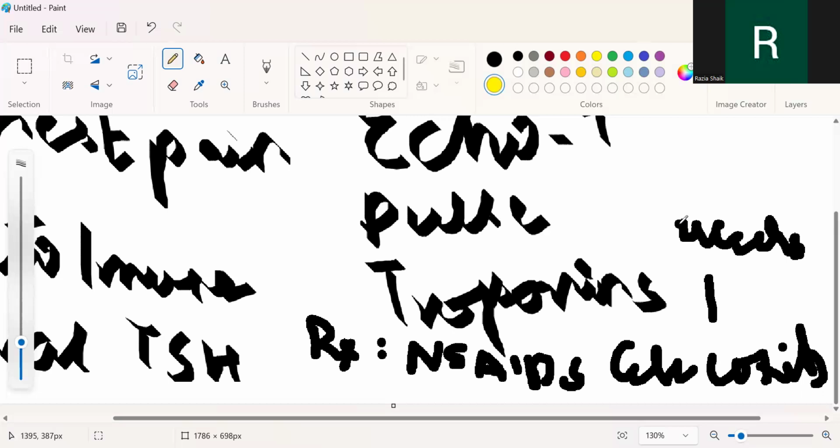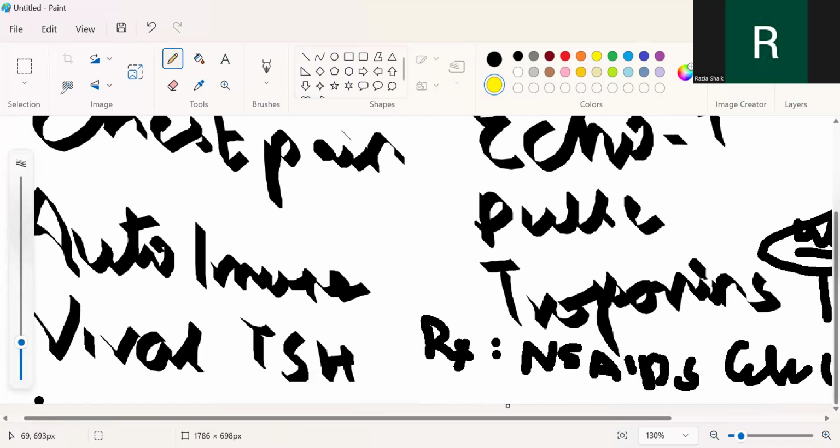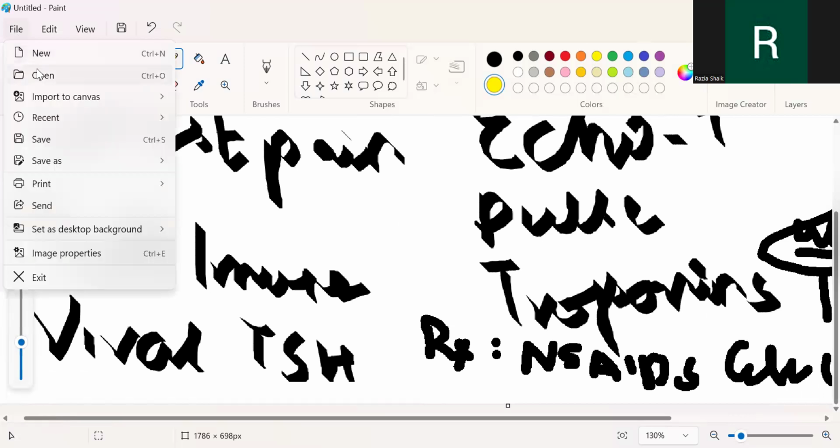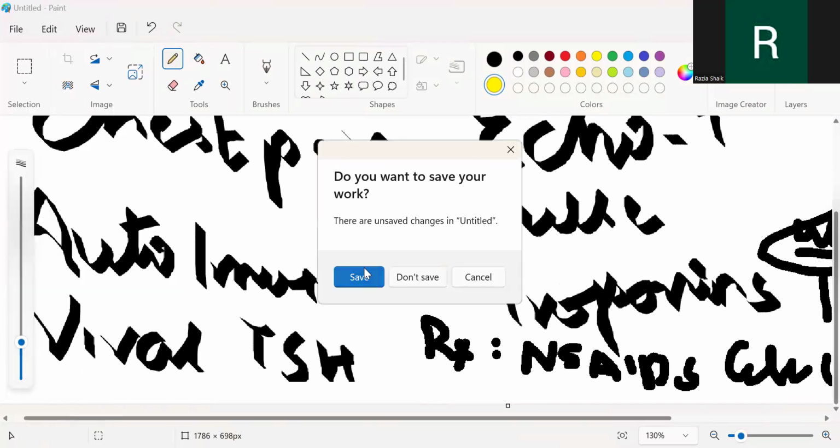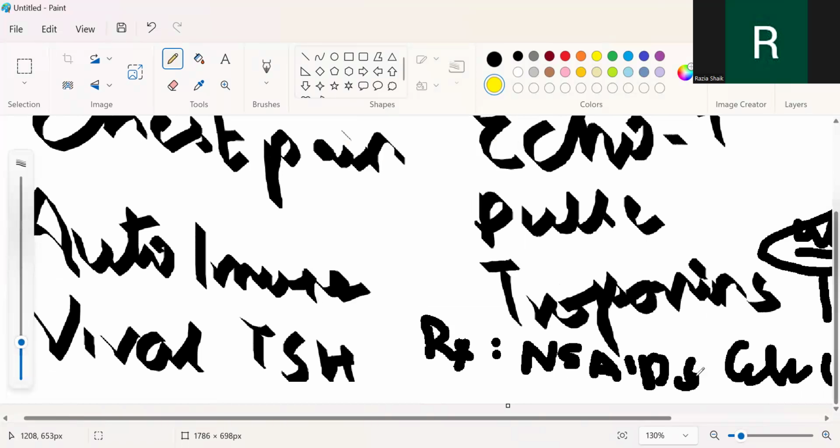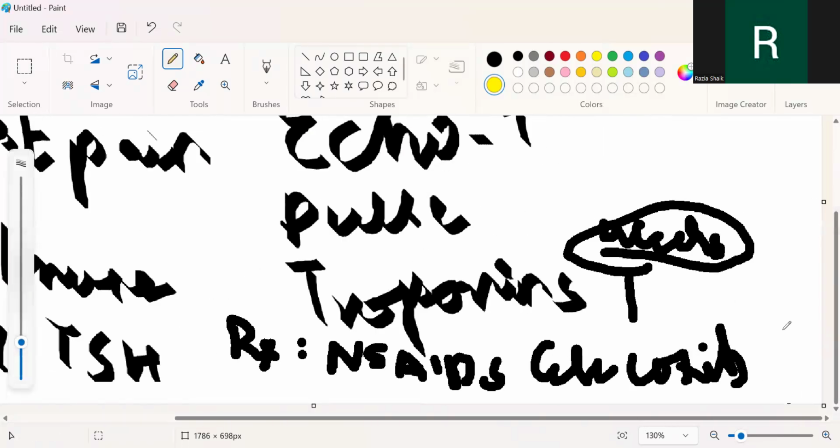So along with celecoxib, you want to give pantoprazole to the patient.